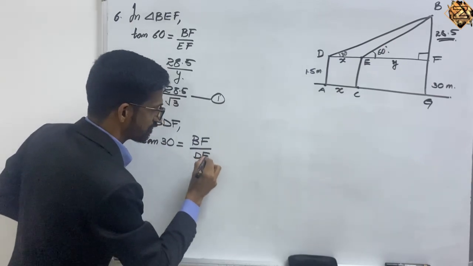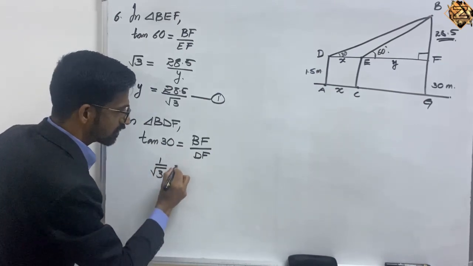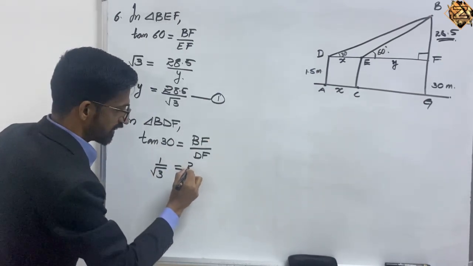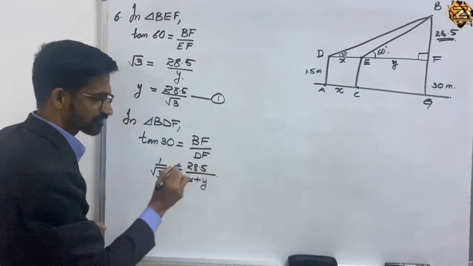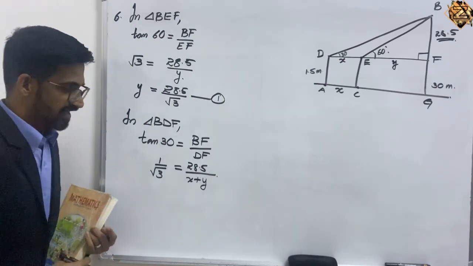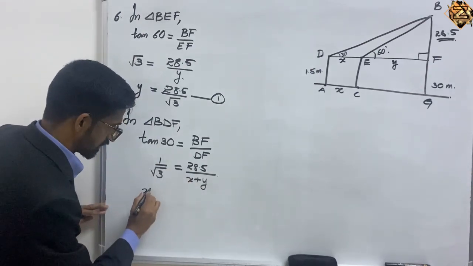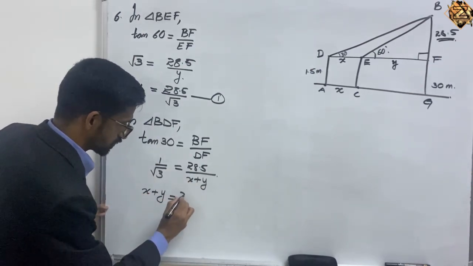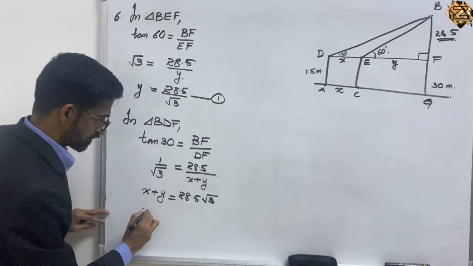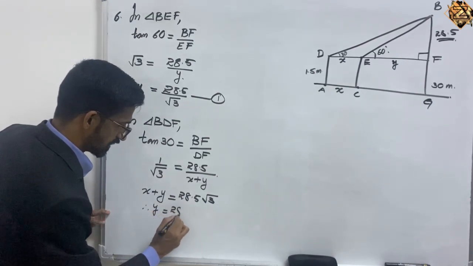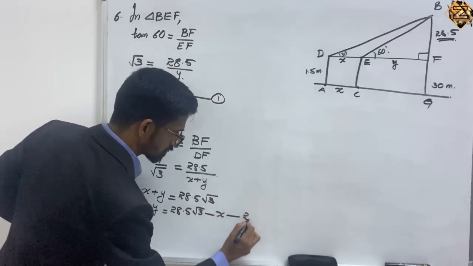So tan 30, we know that is 1 by root 3, equal to BF, that is again 28.5 by DF, that is X plus Y. We need to make an equation using Y. So X plus Y equal to 28.5 root 3. Therefore, Y equal to 28.5 root 3 minus X, which is equation 2.